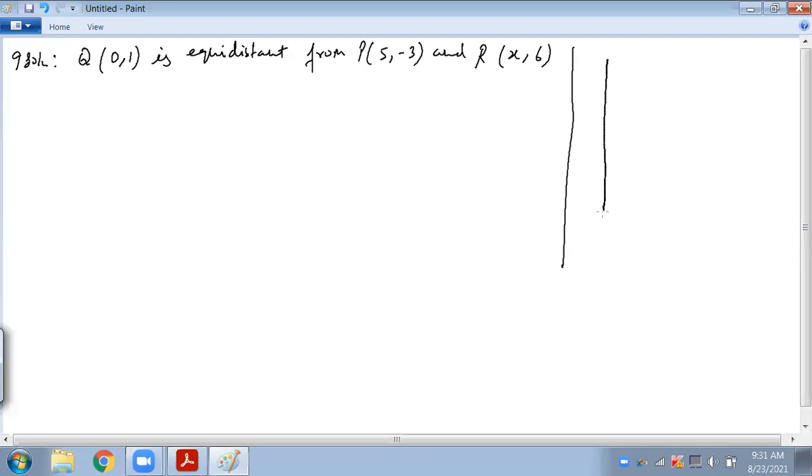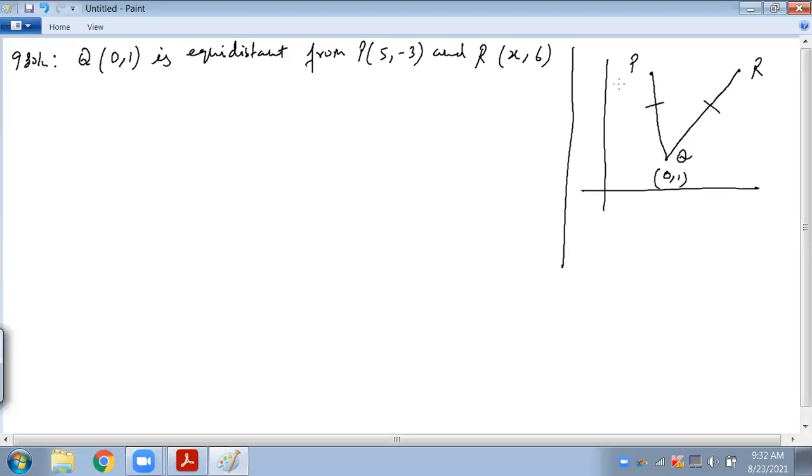Okay, so if we take the coordinates, this Q is (0, 1), and it is equidistant from P and R. That means PQ and QR would be equal.